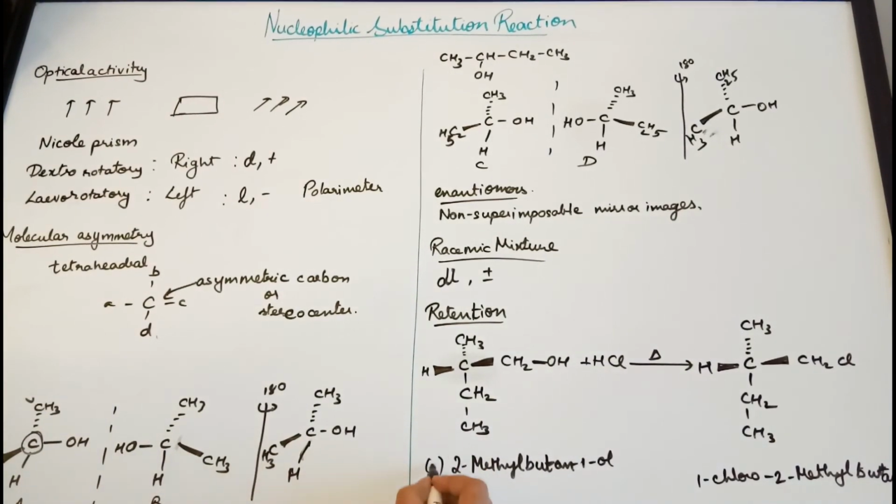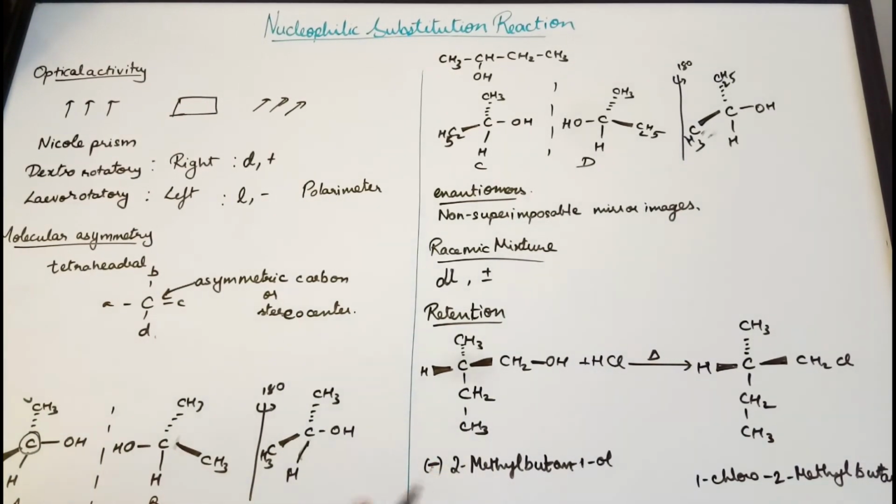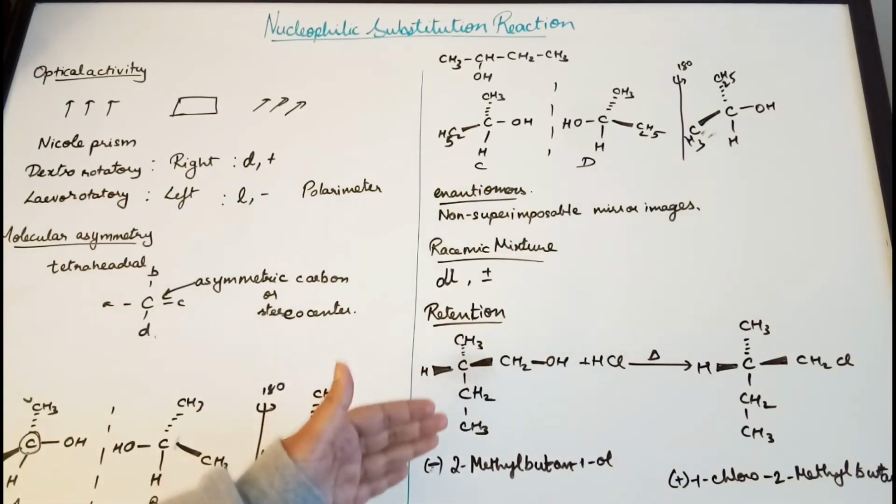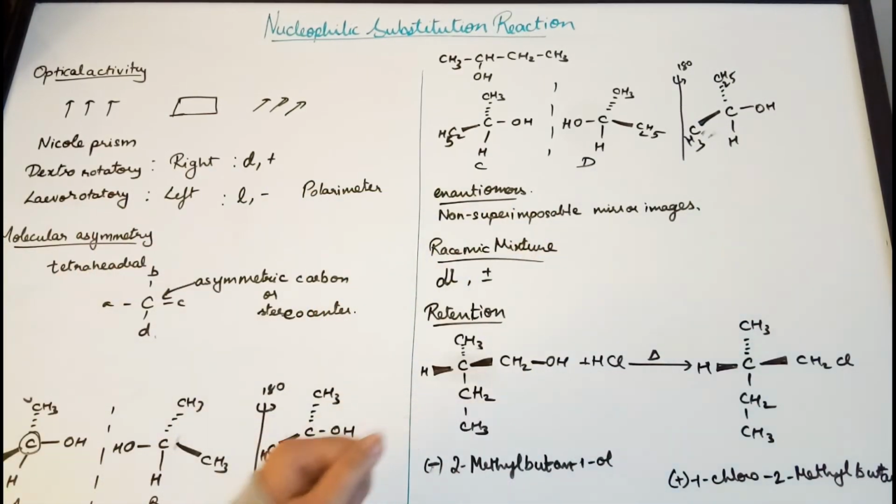The minus sign denotes that this is actually a levorotatory compound, and the product is going to have a plus sign. Based on its optical activity, it was observed that the rotation was towards the right, whereas this compound showed that it was to the left. So a levorotatory compound has converted to a dextrorotatory compound.